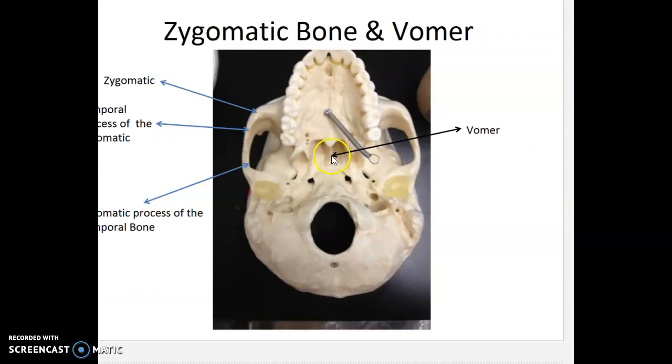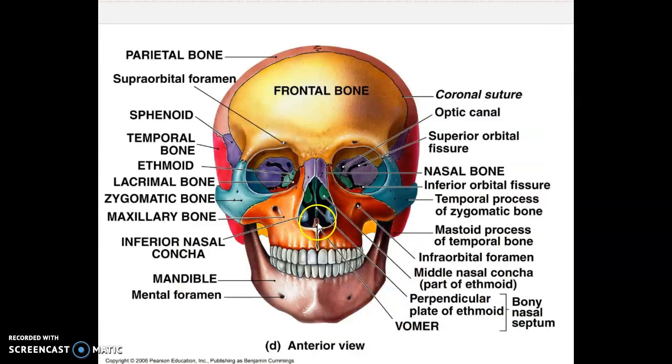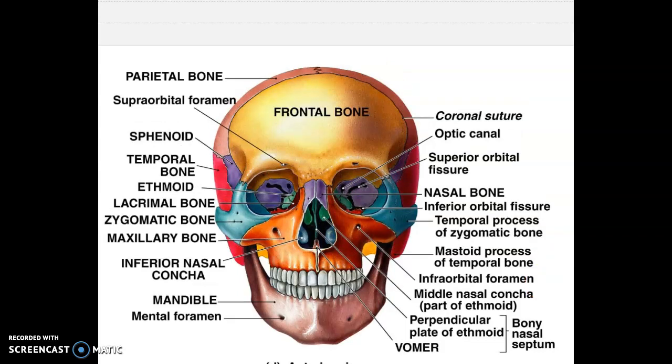Now, this is a little section of the vomer where we can see it lies behind the palatine bones right here. This is the back section, because the front section protrudes out through this area right here. So again, it's a bone basically in the nasal region, but we can see the back of it. If you imagine that this is pointing out at you, it makes the front of the nose have a kind of sharp appearance.